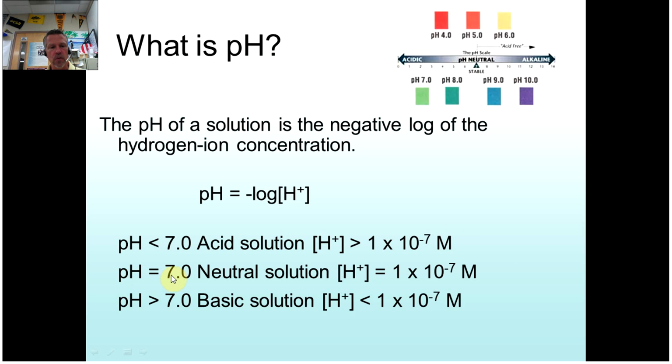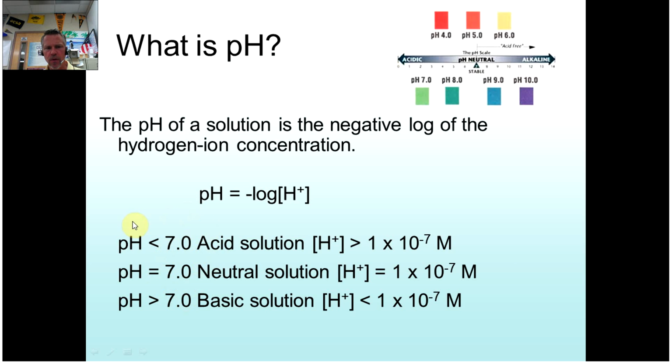If the pH is neutral at 7.0, that's where the H plus ion and the OH minus ion concentrations are equal. If you were to measure the actual H plus concentration, which we'll get to in the next unit, not in this one, you would find that the concentration of H plus is 1 times 10 to the minus 7th molar. Don't get too hung up on this part right now.